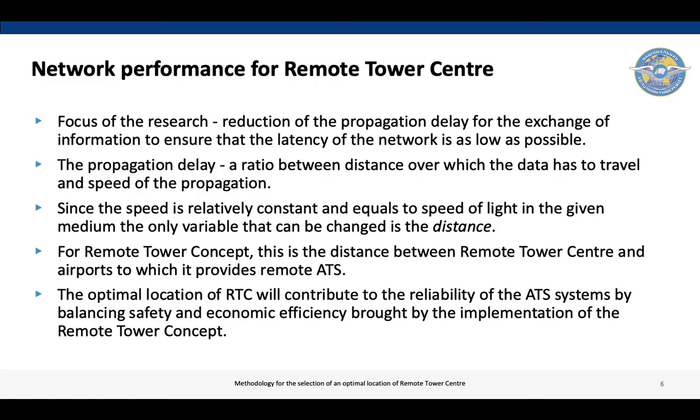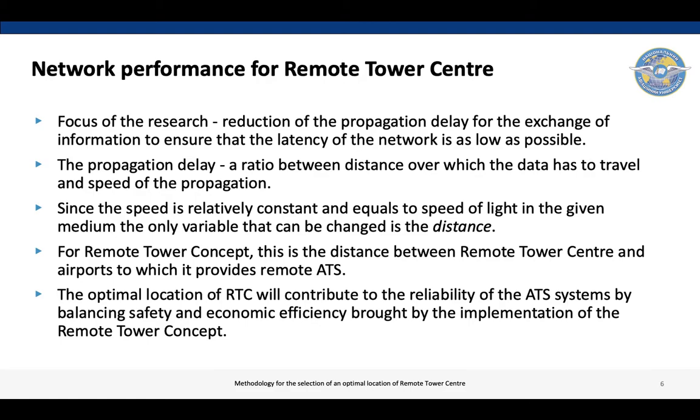The propagation delay can be determined as a ratio between the distance over which the data has to travel and the speed of the propagation. Since the speed of propagation is relatively constant and equals the speed of light in the given medium, the only variable that we can change is the distance.